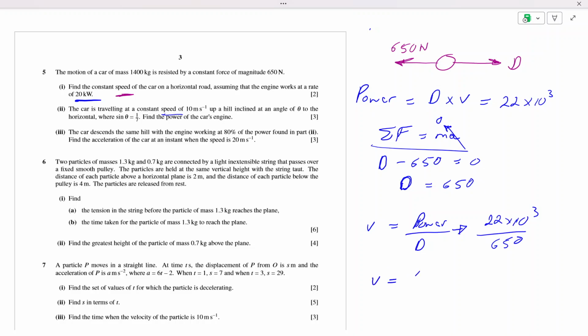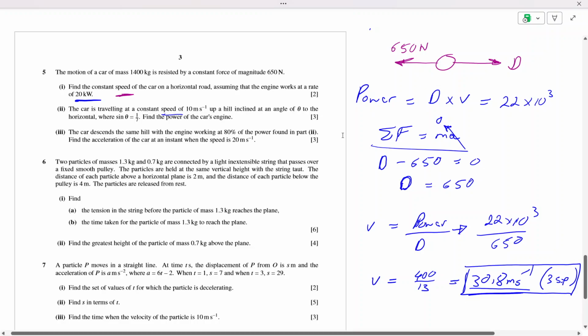V is equal to the fraction 400 over 13, which is equal to, to three significant figures, 3.8 meters per second, right? And that's our answer. That's it, like that.